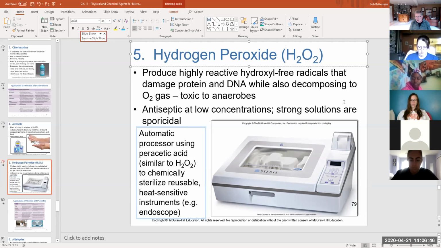So there's that mechanical cleansing process. That's one. What's the other one? It's toxic to anaerobes. Does it say that right there? Amazing, it does.